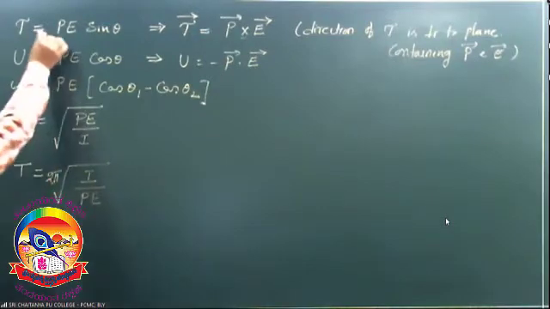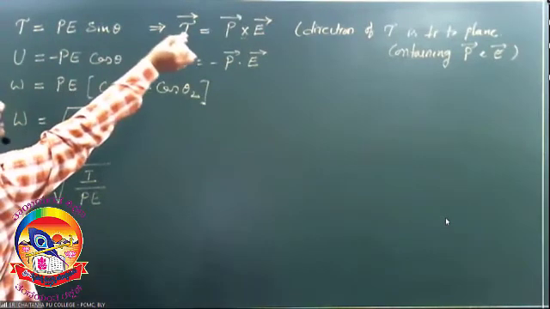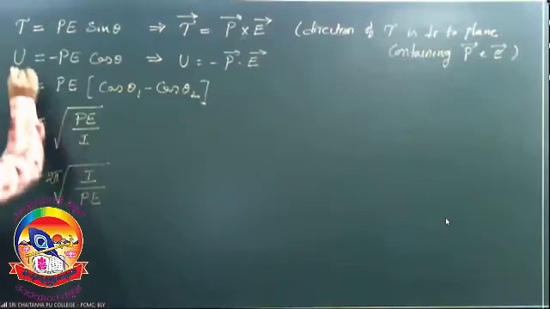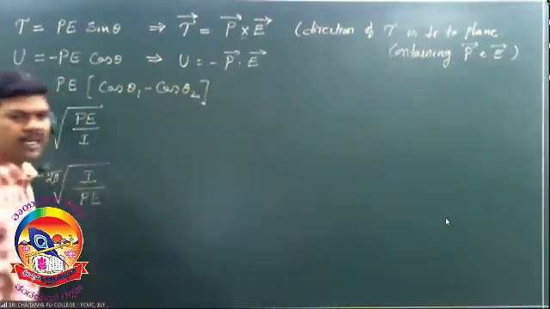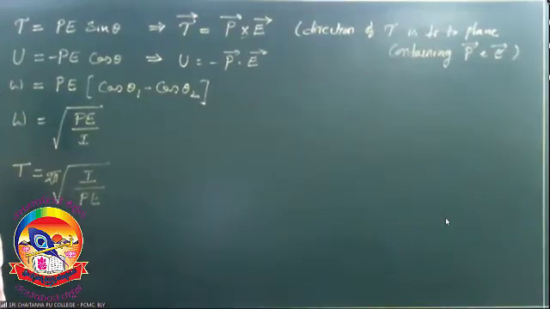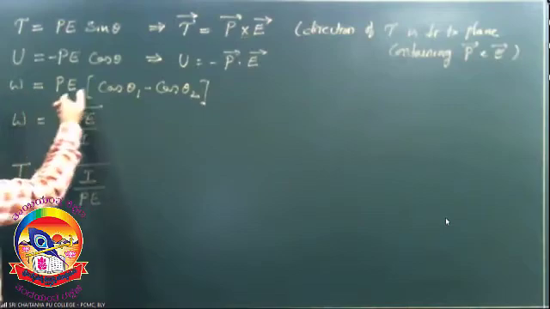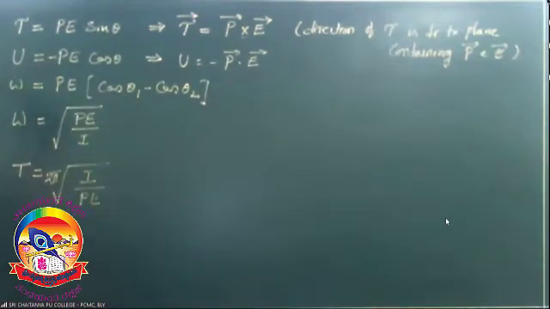So torque, as it is a cross product, we know it is a vector. Potential energy, you know, it is a scalar. It is the dot product of P and E, right? Work done is also a scalar.